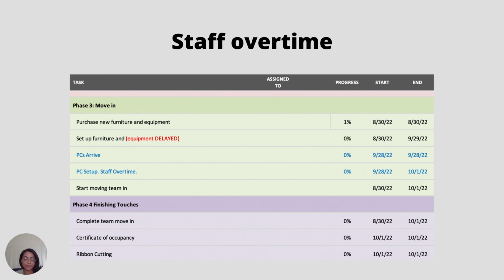That way the team can start moving in, set up the furniture, everything else can be covered. So once the PCs arrive, all we really have to do is set it up and then complete the team move-in on October 1st, which is our start date.